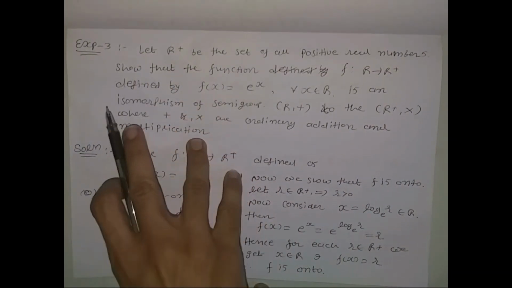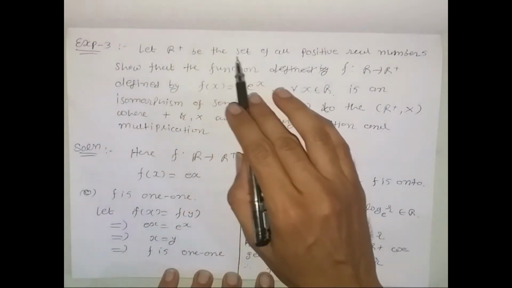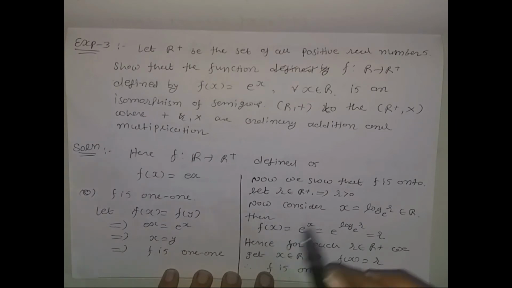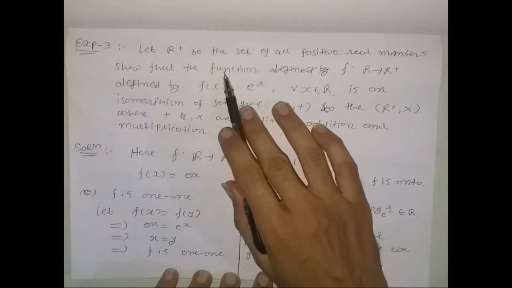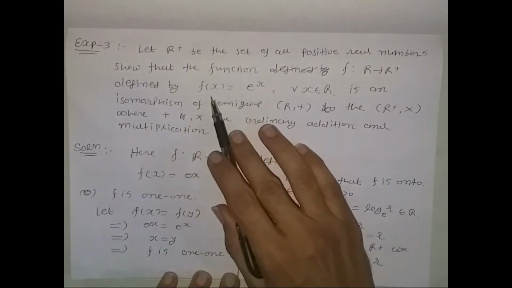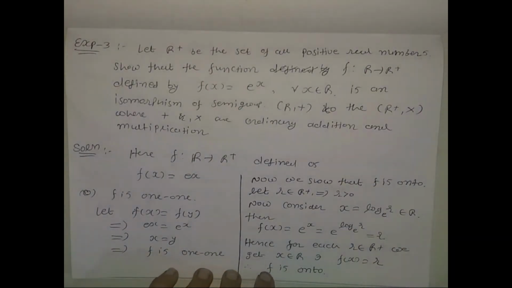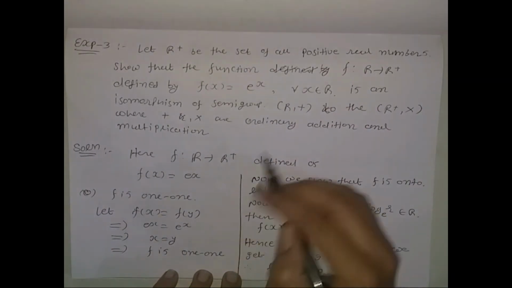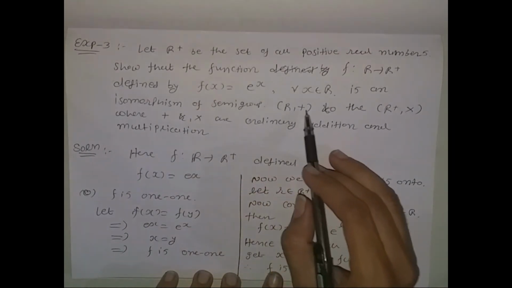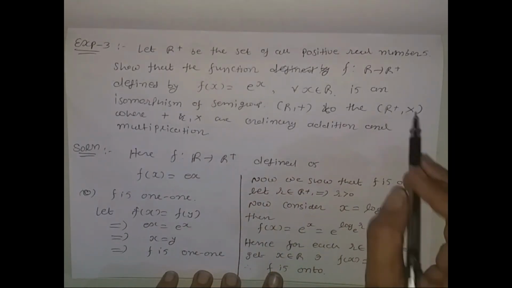Now example number 3. Let R plus be the set of all positive real numbers. What is R plus? R plus is the set of all positive real numbers, so that the function f from R to R plus defined by f of x is equal to e raised to x for all x belonging to R is an isomorphism of the semigroup R with addition to R plus with multiplication.